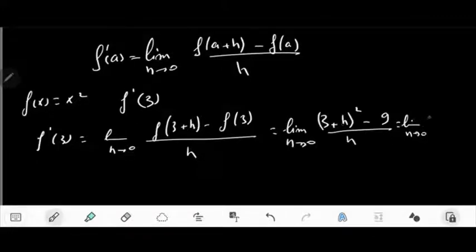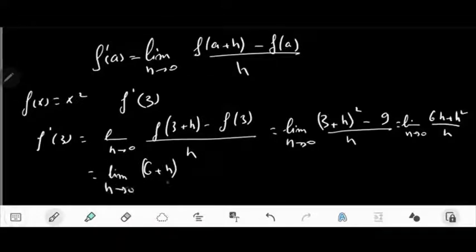Then we have 6h plus h squared over h, which is equal to the limit of 6 plus h when h tends to 0, which is equal to 6. So the derivative of f at the point 3 is equal to 6.